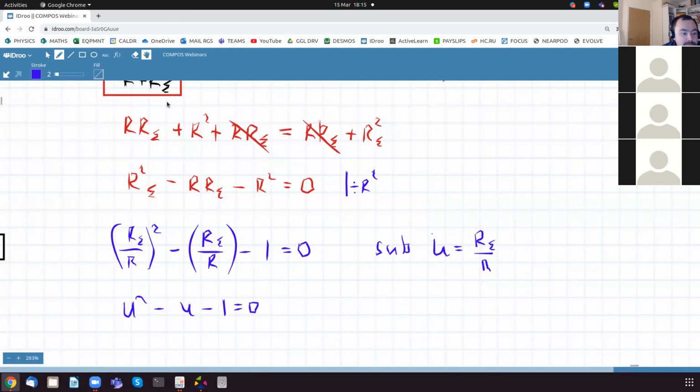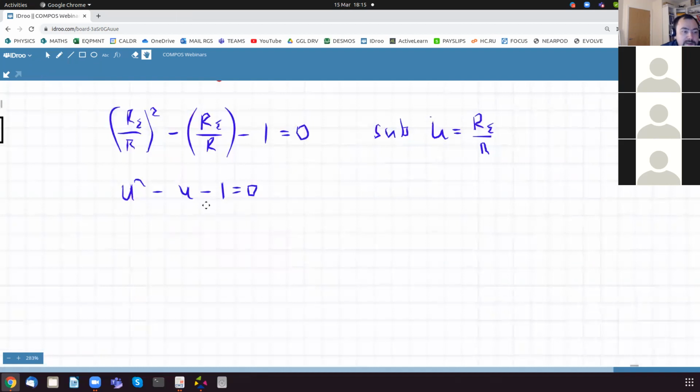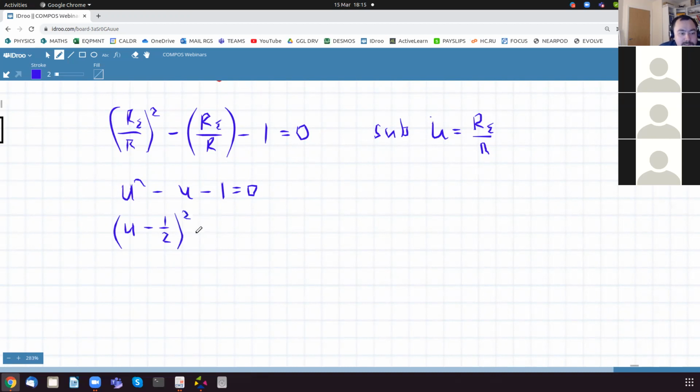Okay. And I'm going to complete the square here. U minus a half squared minus a quarter, so it equals 5/4.